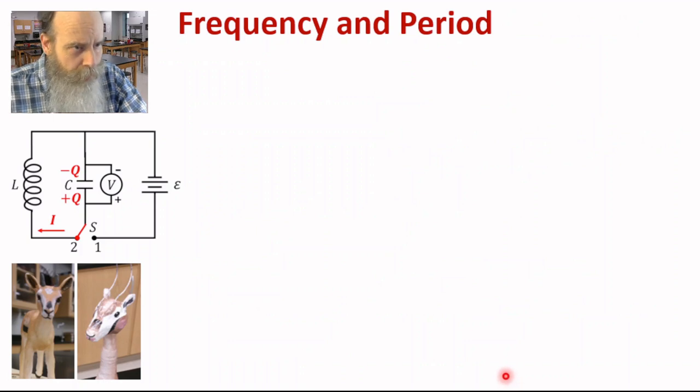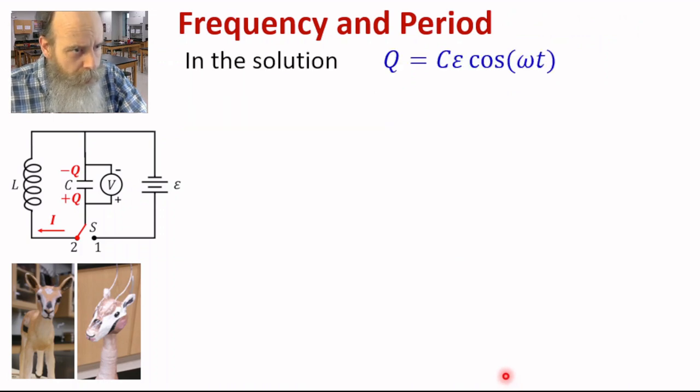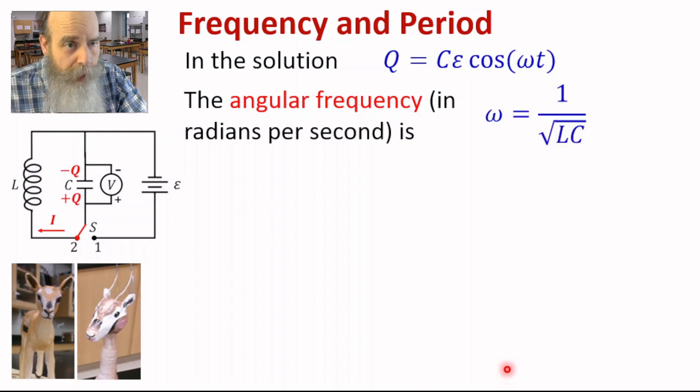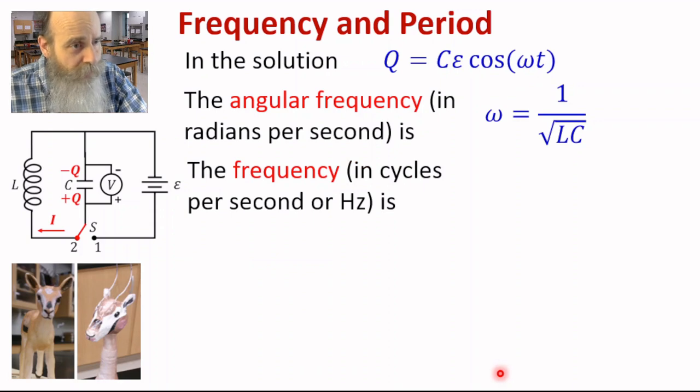Frequency and period. In the solution, q equals CE cos omega t, the angular frequency in radians per second is omega equals 1 over square root LC. The frequency in cycles per second, or hertz, is F equals omega over 2 pi.